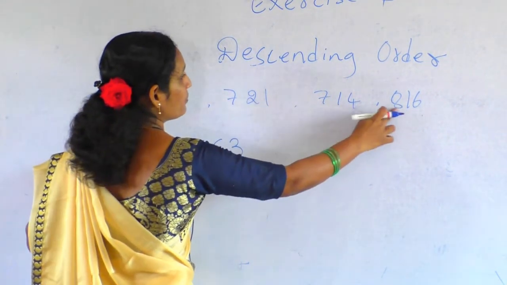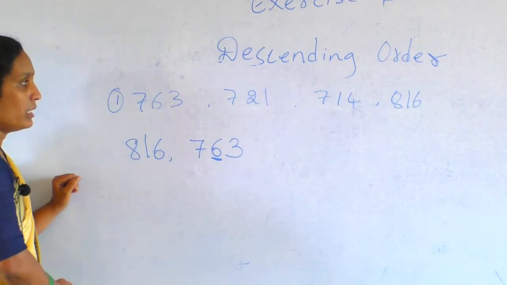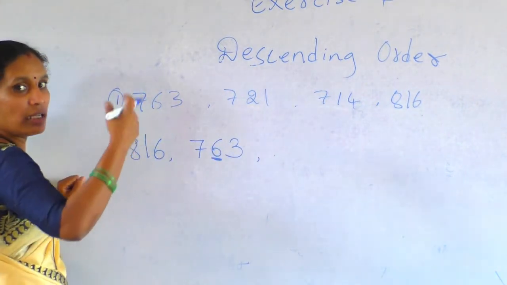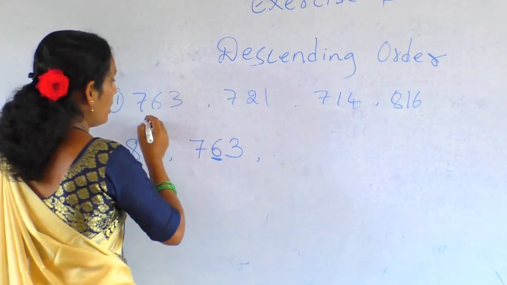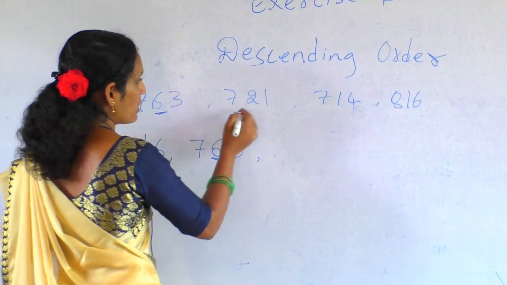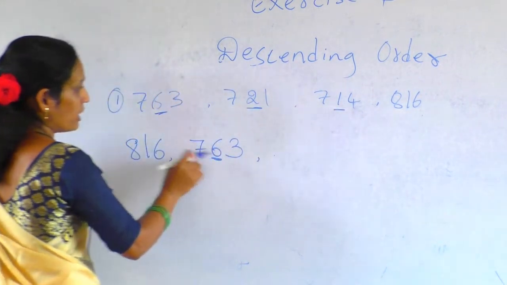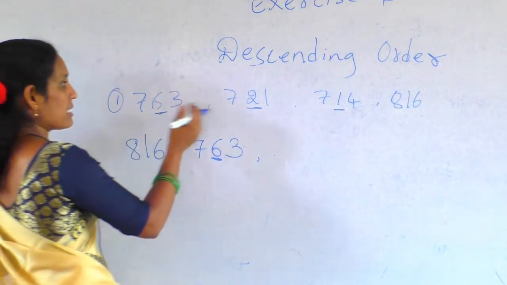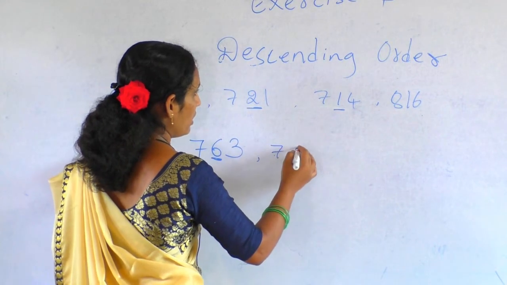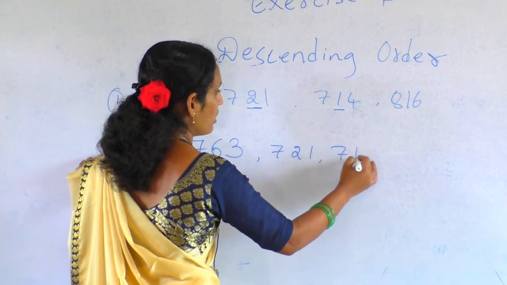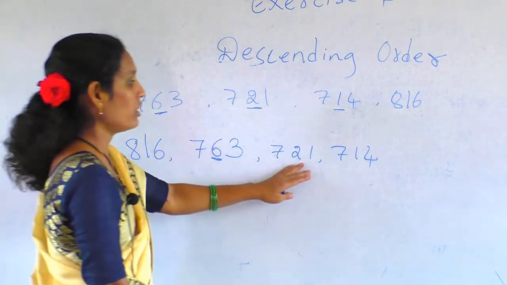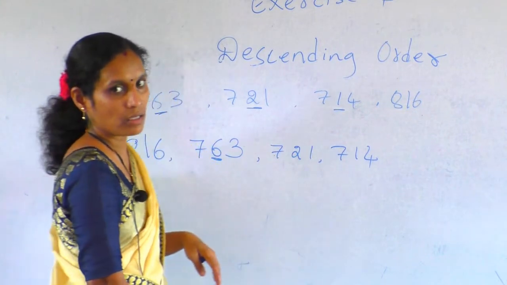Next number. Which is the next bigger number? The tens place 7 is over, same as 6, 2, 1. I wrote 6 here. After 6 comes 721, 714. 6 before 2, 2 before 1.